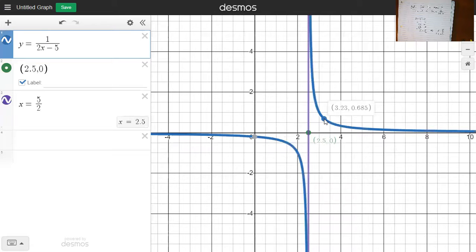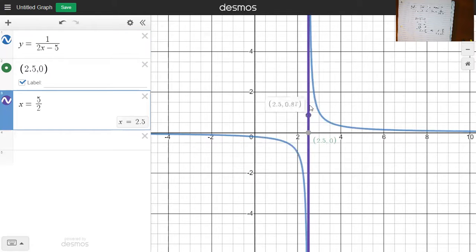And the function, just like we had before with the y-axis, is curling up, getting close to that line on this side, and it's curling down, getting close to that line on this side. And so there is our vertical asymptote.